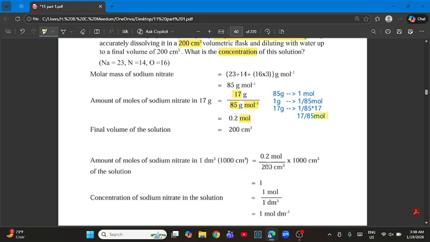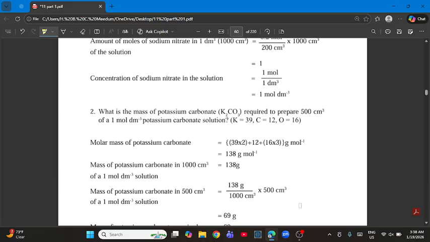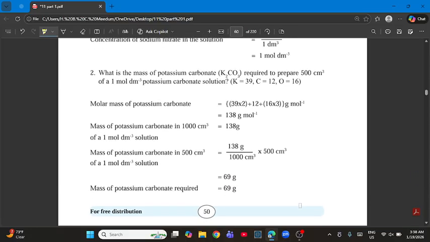So if 200 cubic centimeter contains 0.2 mol, then what is the number of moles in 1000? So it is 1. So it is 1 mol dm minus 3. That's the way how you find the answer.